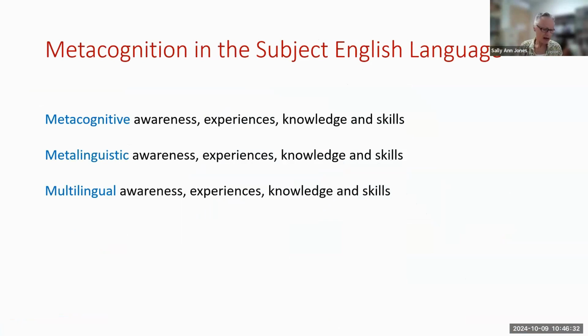And we also have the idea of multilingual awareness, which is our awareness of languages and English in relation. So it really is awareness of the way we position English around other languages that we know. And these three can be worked into the definition for the subject English language.